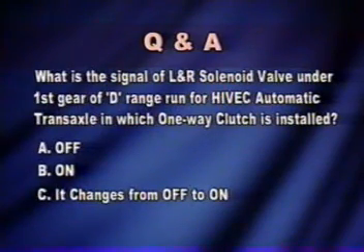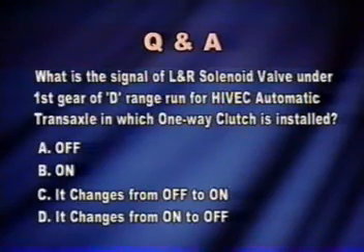C, it changes from off to on. D, it changes from on to off. The answer is C. It remains off until the vehicle reaches speed of 5 kilometers per hour. Then it's turned on.